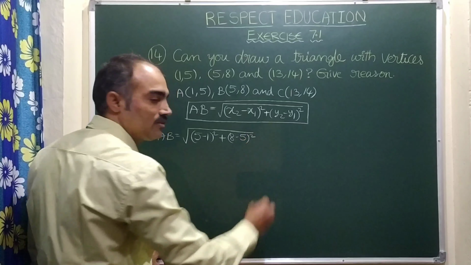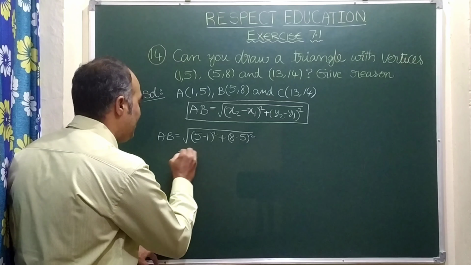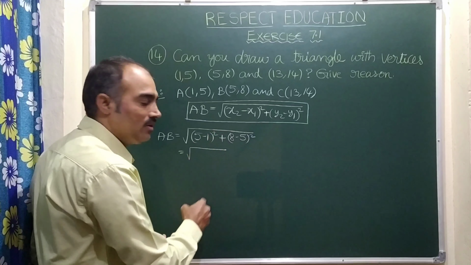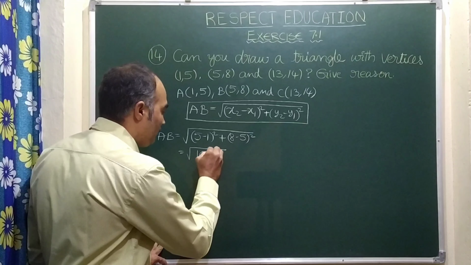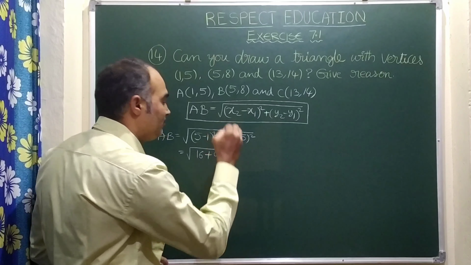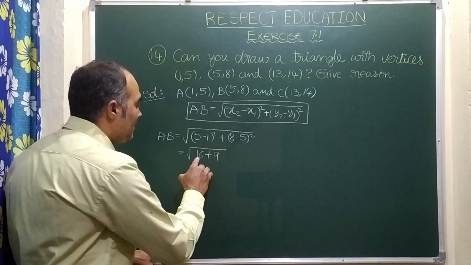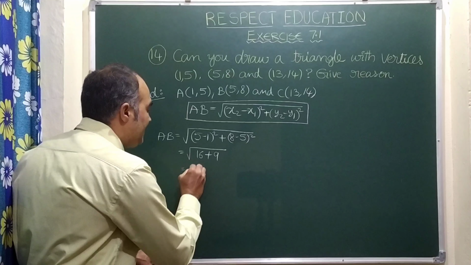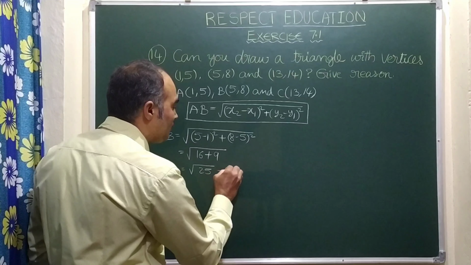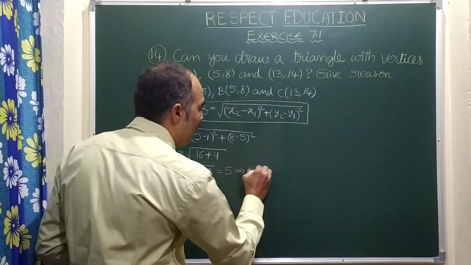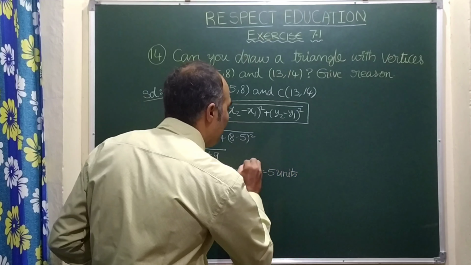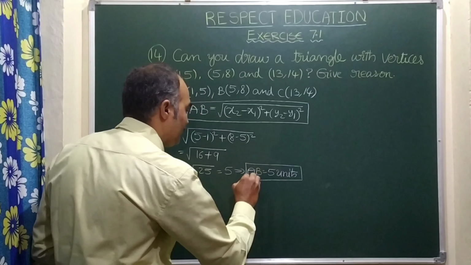On simplification we get under root, 5 minus 1 is 4, 4 square is 16, plus 8 minus 5 is 3, 3 square is 9. So root of 16 plus 9 is 25, right? Root 25 is nothing but 5. So here we got AB is equal to 5 units.